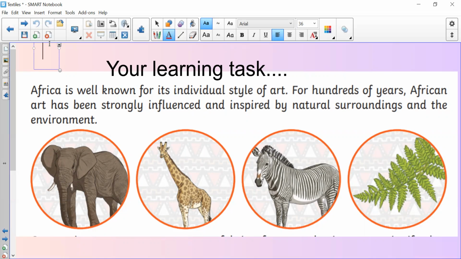For hundreds of years, African art has been strongly influenced and inspired by natural surroundings and the environment. So obviously in Africa, there's the most amazing variety of wildlife and nature and plants and landscapes. So there's so much to draw upon in terms of inspiration.